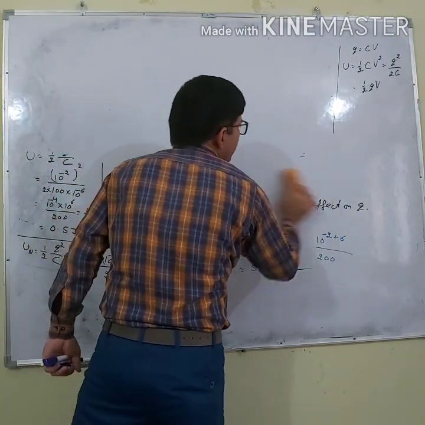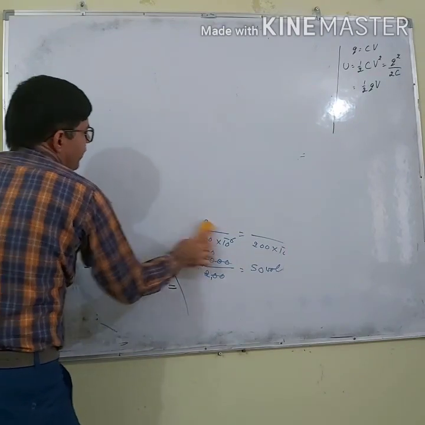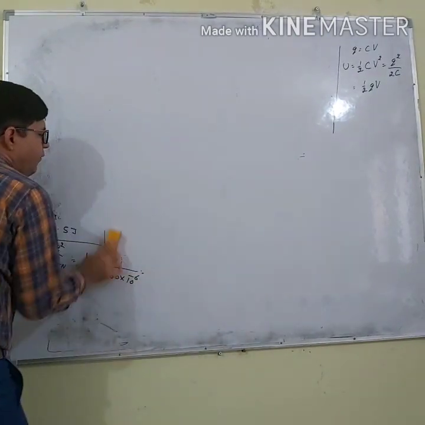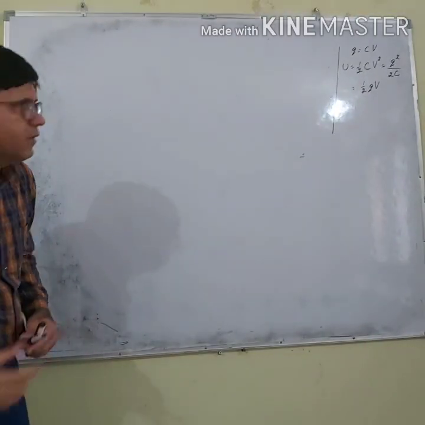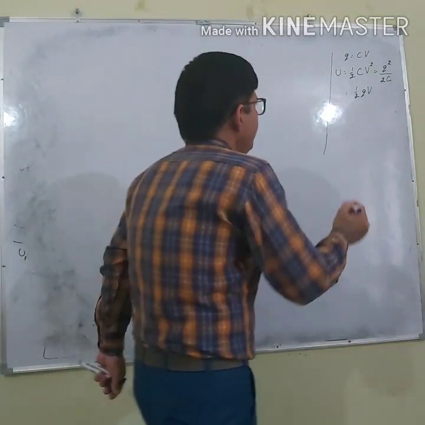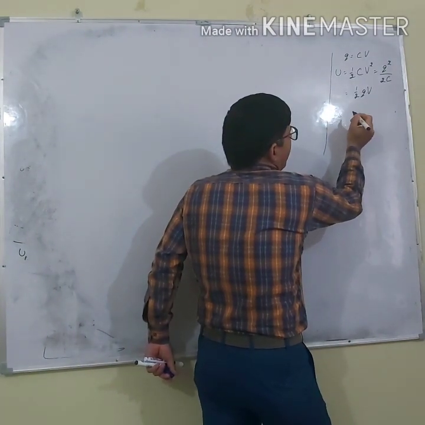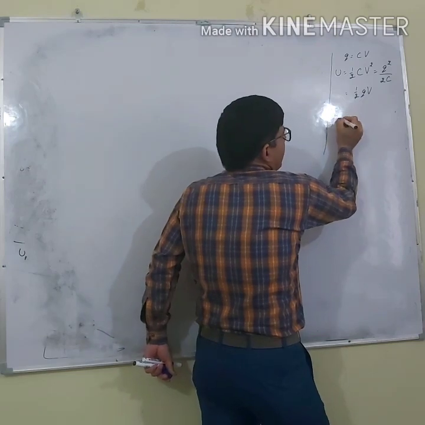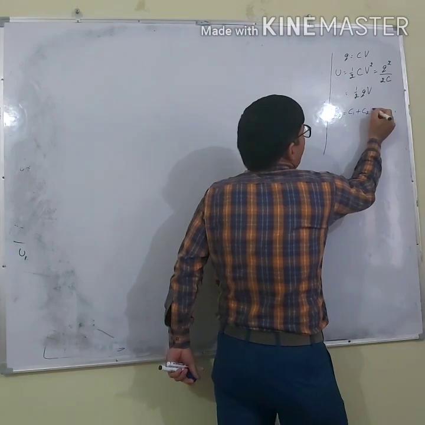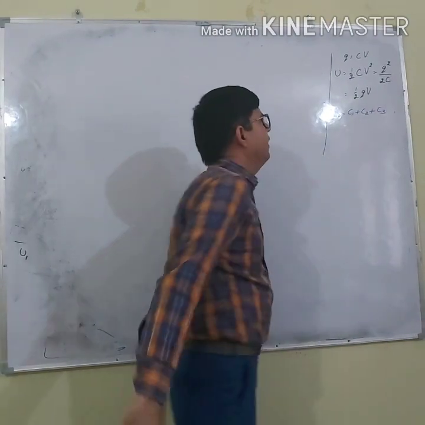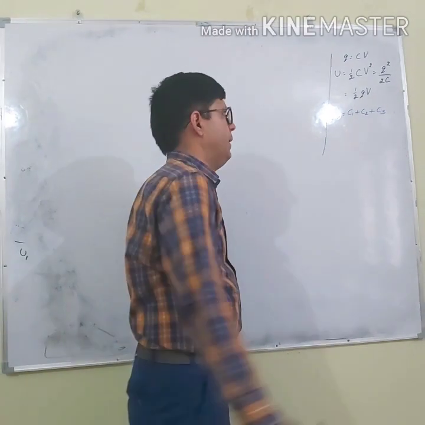Let us say you are given a combination of capacitors. All of us know the formulas for the combination of capacitors. If capacitors are connected in parallel combination, the net capacity of the combination is equal to the sum of individual capacities.